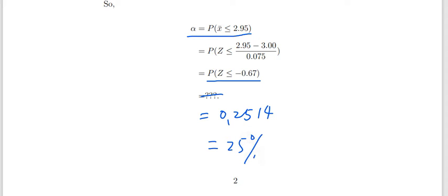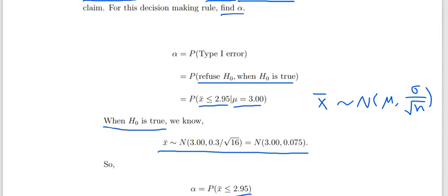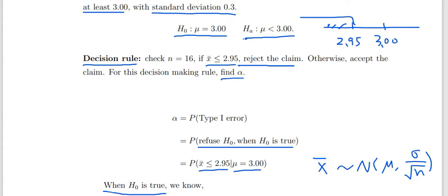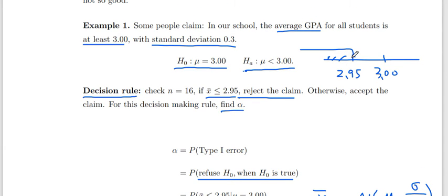Such a probability, we say, is quite large, right? A 25% chance to make a mistake. So we can say this law is not good. Like when we have a really small difference, you just reject. Such a decision is not so good.